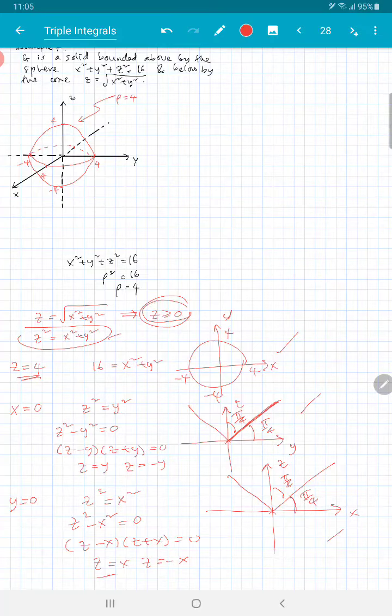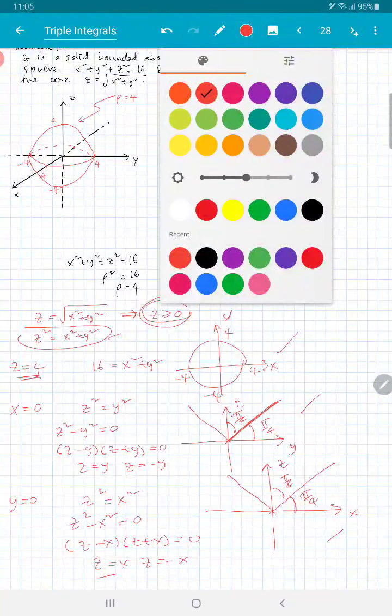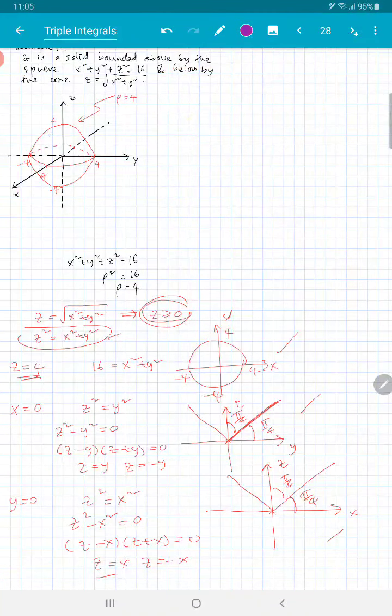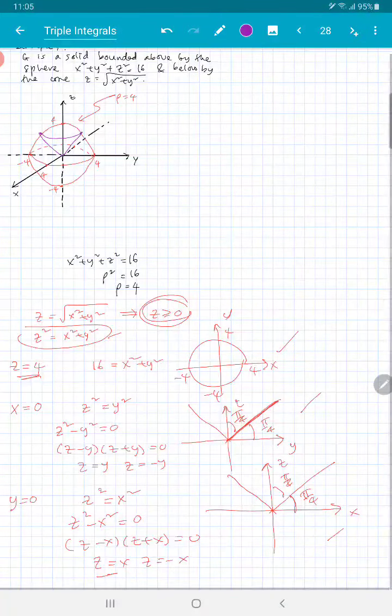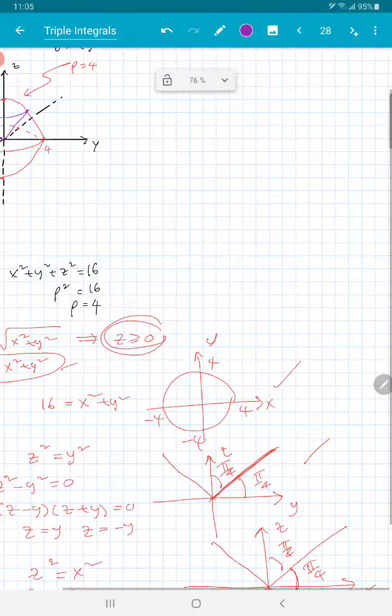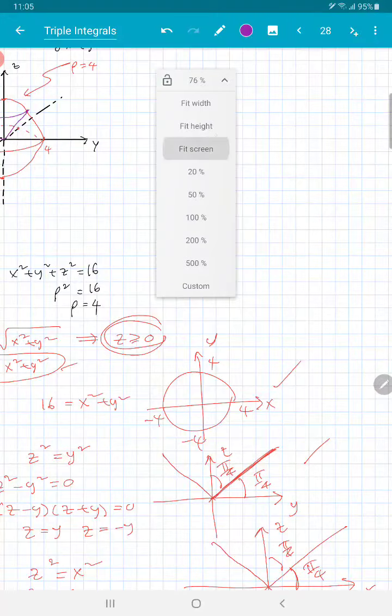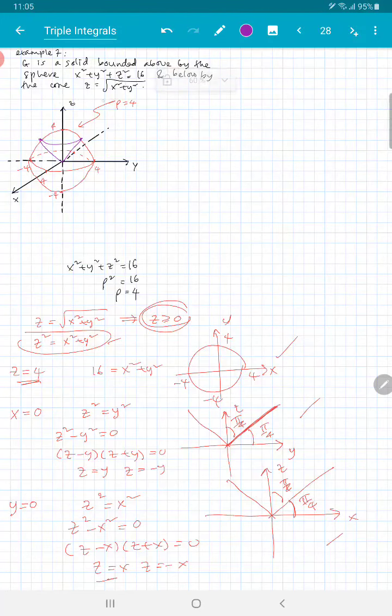Well, in here, so sketching the cone. Okay, let's say here we have a cone, like so. You can draw it larger than that if you like, but since it says the solid G is bounded above by the sphere and below by the cone.